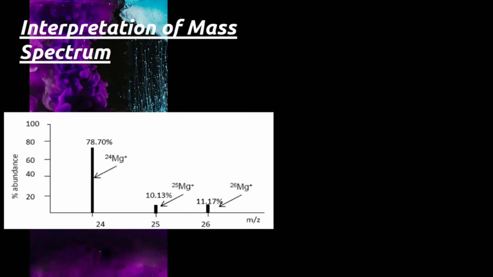So that is your M+1 peak, but 24 is your molecular ion peak since it has the highest percentage abundance. So this is how we interpret a mass spectrum.